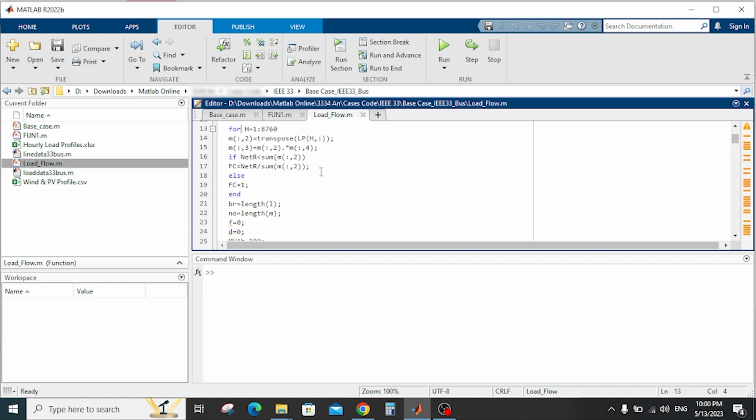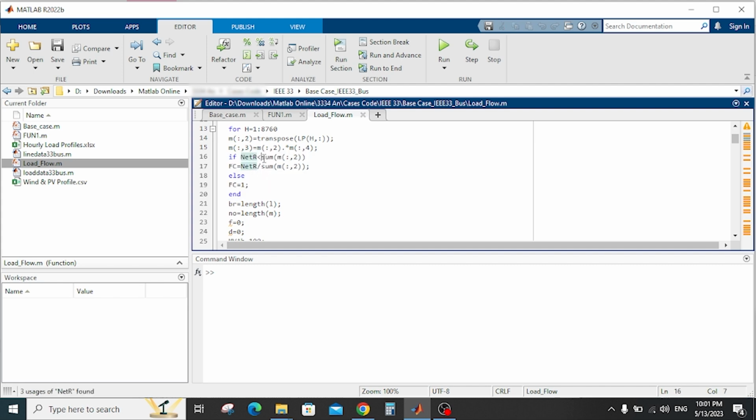As you see here, now we define the first function, because before we start the load profile, this is the function to define the rated network, because in the base case we don't have PV, we don't have wind. So the main supply for this network is the distribution network, the transformer, or the slack bus, because we don't have distributed generation.